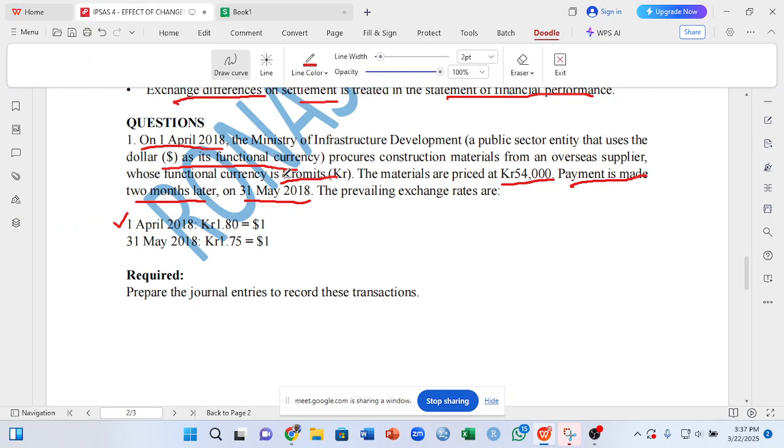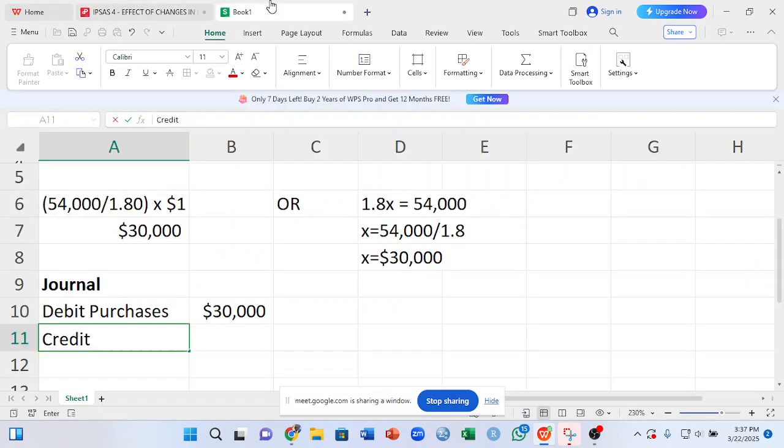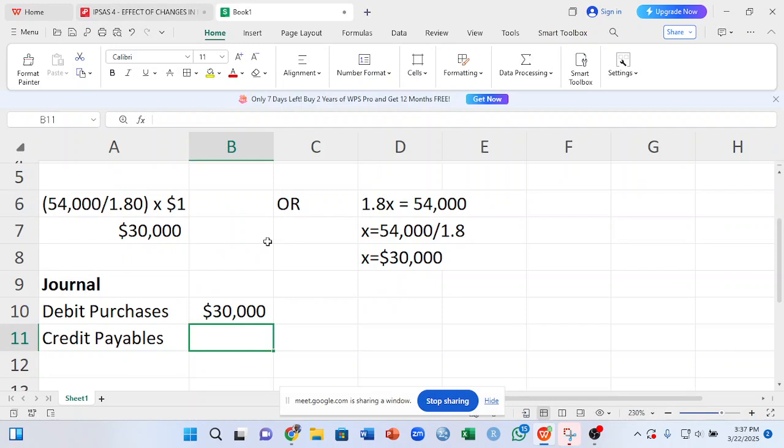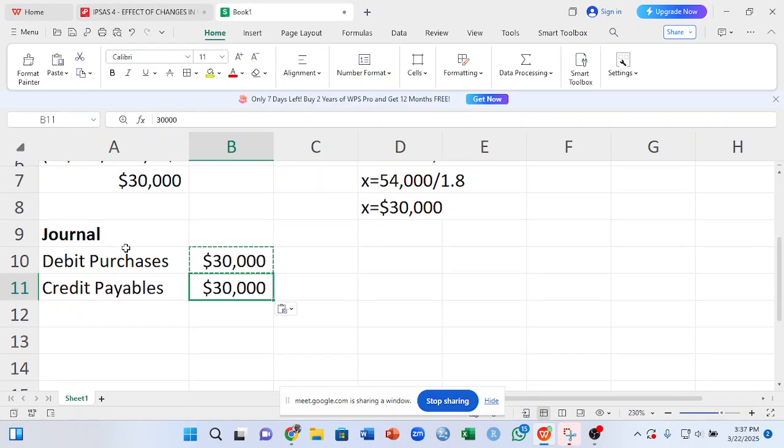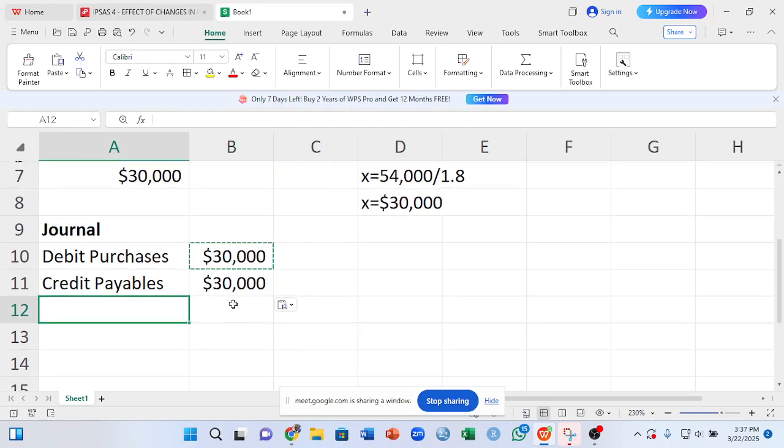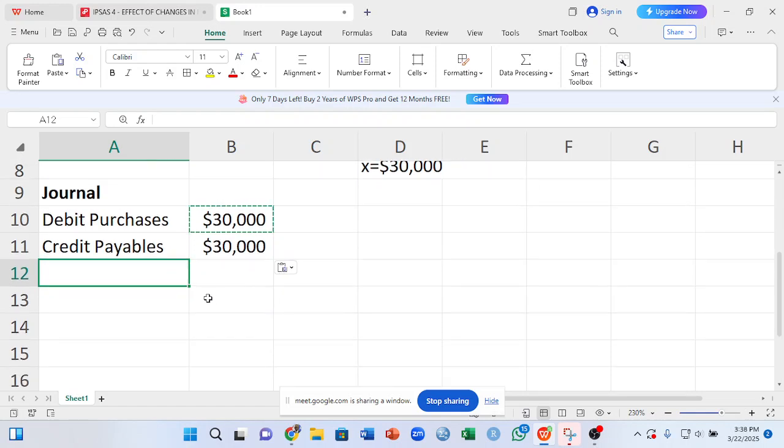We didn't pay at that date, so we are owing. They said overseas supply, but they didn't specify who the supplier was, so we can just classify it as our payable. Then you write your narration, being procurement of materials. So that will be the journal entry for the first one.